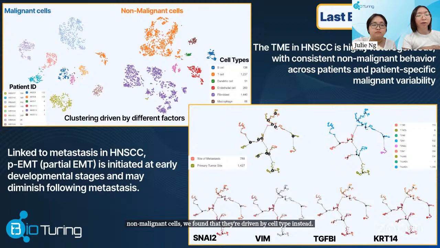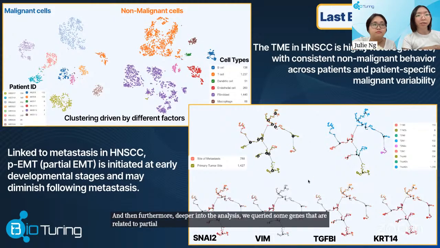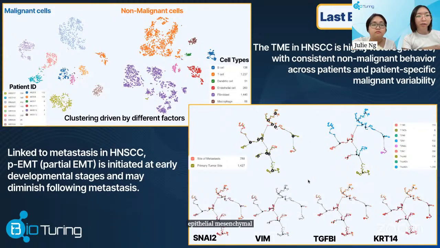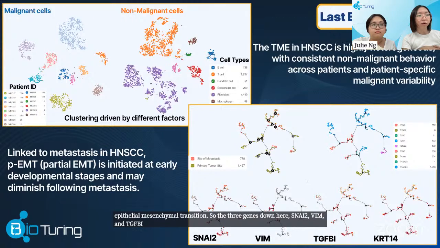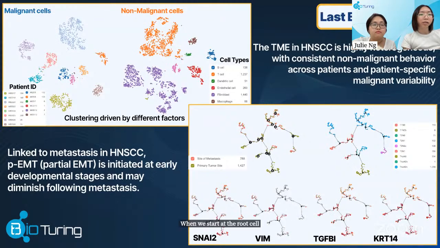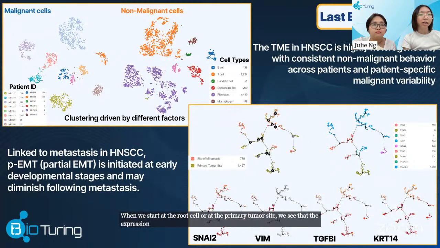Furthermore, deeper into the analysis, we queried some genes related to partial epithelial mesenchymal transition. The three genes down here, SNAI2, VIM, and TGFBI, are all markers for partial EMT. If you can see, when we start at the root cell or the primary tumor site, the expression heightens at the early stages of tumor progression.